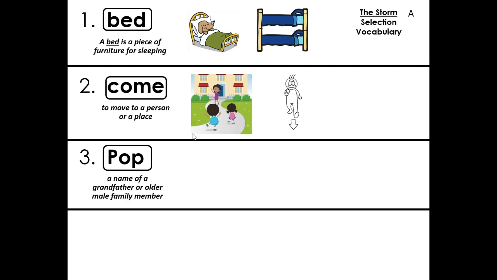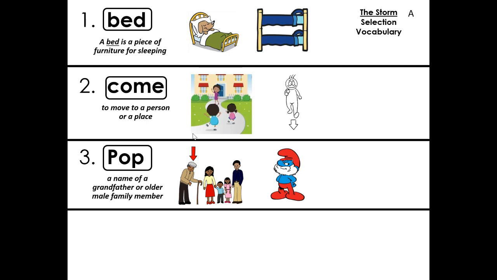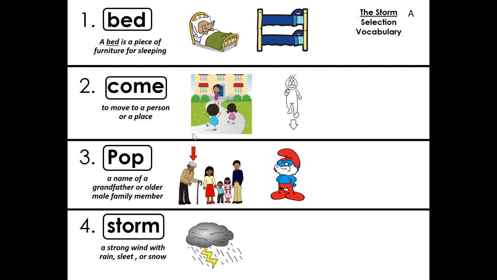The name of a grandfather or older male family member. Number 4, storm. A strong wind with rain, sleet, or snow. So make sure you have these words: bed, come, pop, and storm.